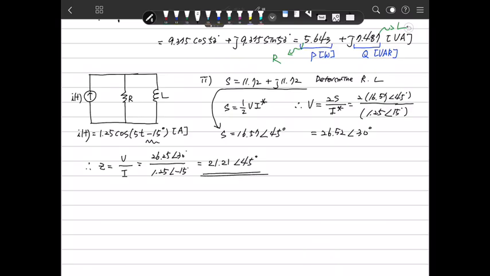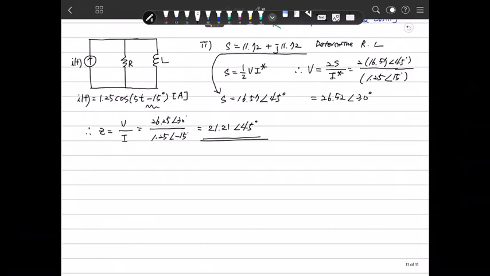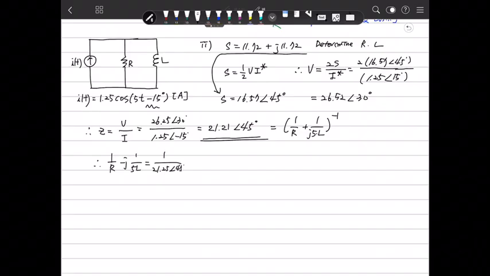This is the impedance of the RL parallel. So what is that? That is 1 over R plus 1 over j omega L, inverse, where omega is 5. Therefore, 1 over R minus j 1 over 5L is 1 over 21.21 at 45 degrees.